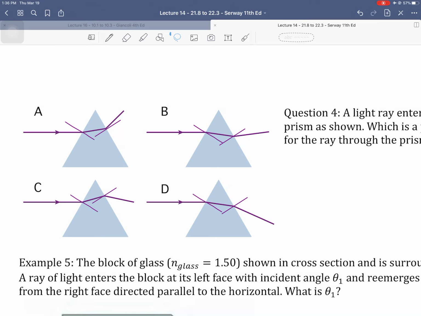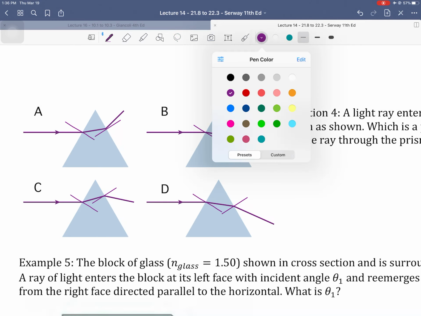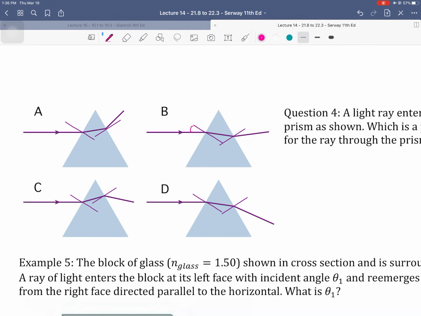If we take a look at it, we can see clearly that in B, it bends towards the normal. So in other words, we have a reduction in the angle, right? Theta 1 is that angle, and we have theta 2 being smaller. Are there any others that meet that criteria? Well, definitely C doesn't. Looking at theta 1 and theta 2, theta 2 is bigger in that case, so that definitely doesn't work.